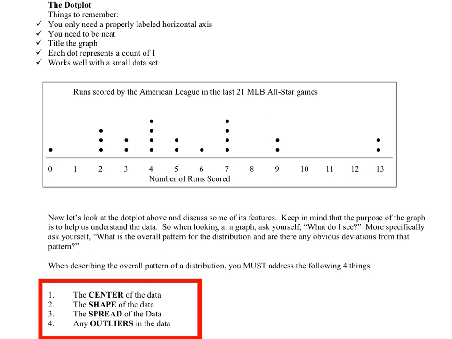So when we're talking about runs scored by the American League in the last 21 All-Star games, so 21 games. So there should be 21 data points here. All this is telling me is that the American League scored no runs once, 2 runs 3 times, 3 runs twice, and so on.